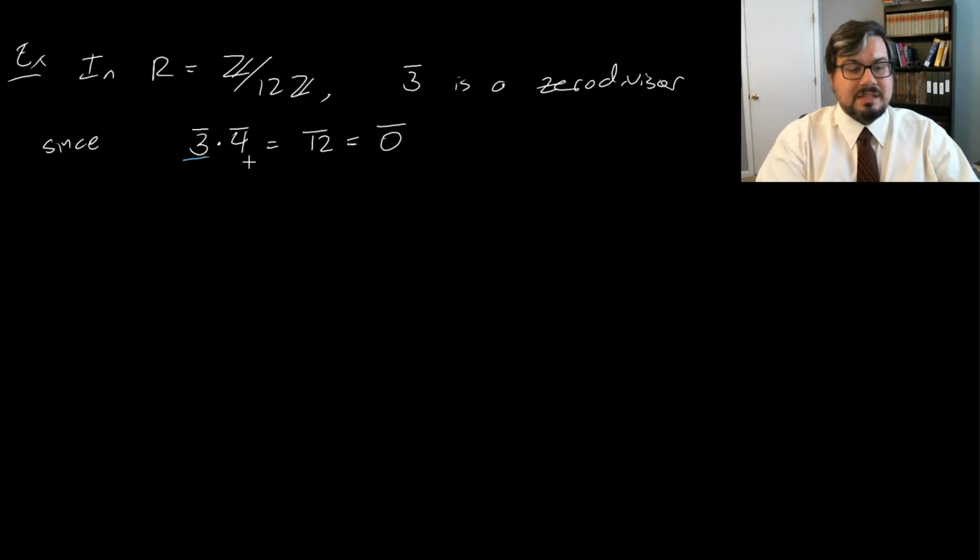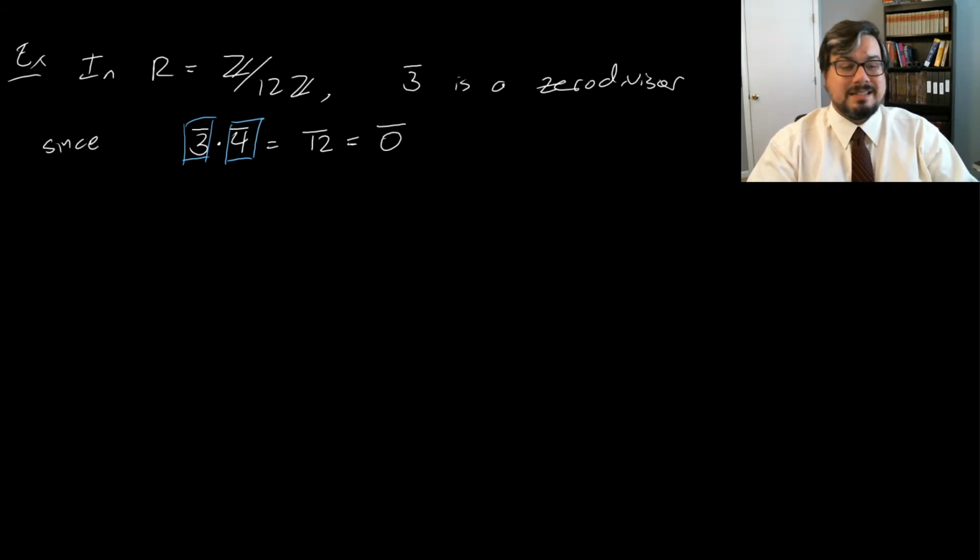Now, importantly, you'll notice that neither 3 bar nor 4 bar are 0 in this ring. Nevertheless, their product gives you 0, and that's what makes 3 a zero divisor. Now, this also makes 4 a zero divisor, and in fact, zero divisors usually come in pairs. If you want to show that something's a zero divisor, you have to show that you can multiply it by something else to get 0, and then both of those things that you've got are zero divisors as long as neither one of them is 0 to begin with.